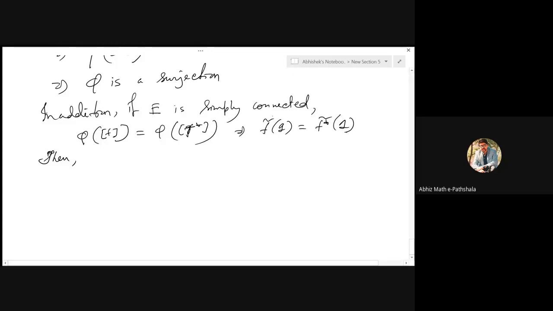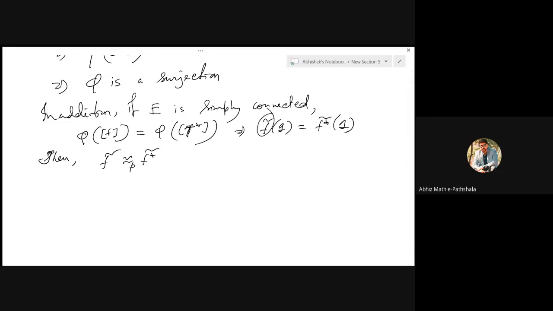So this f tilde and f star tilde are paths in E which start at E naught and end at the same point. Therefore, f tilde and f star tilde are path homotopic.